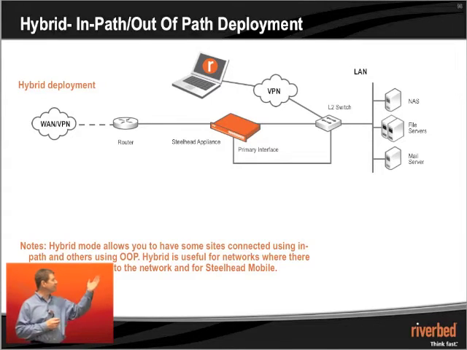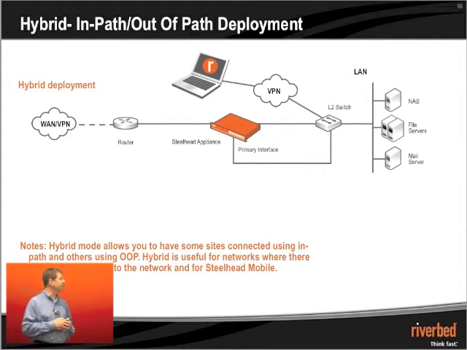Now, if I have traffic coming in through a VPN and I'm running Steelhead Mobile on laptops, we're going to use a fixed target rule on the Steelhead Mobile laptop, which is going to point to, again, the primary interface on the Steelhead appliance. Then traffic is NATed between the primary interface on the Steelhead appliance and the servers, which were the original target of the Steelhead Mobile client.